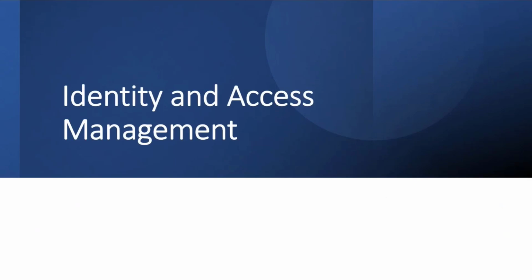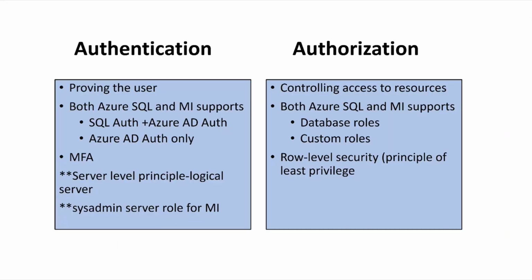Let's talk about identity and access management. When we talk about identity and access management, it comes with authentication and authorization. Authentication is where you have to prove that you are the authorized person to connect to the resource. Let's say multi-factor authentication.